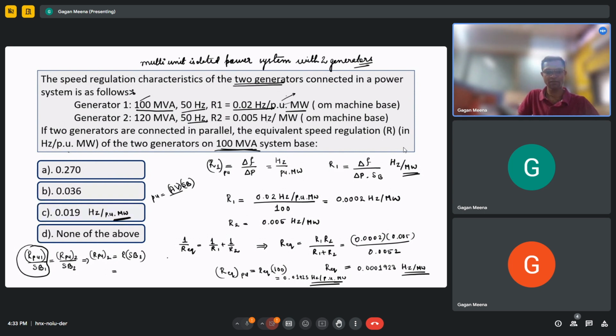So this is R into system base 2. R is 0.005. System base 2 is 100. This is 0.5.